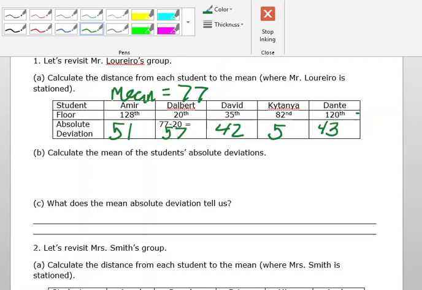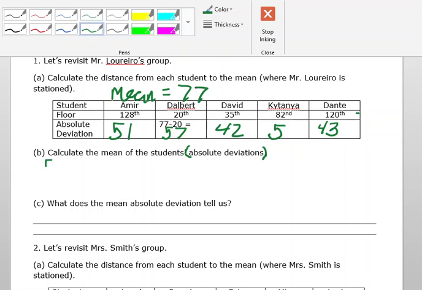Now I want to review this term. When we say absolute deviation, what we mean is the absolute value of the distance from the mean. It doesn't matter if you're below 77 or above 77, you're still going to have the absolute value, which is going to be positive. Now I'm going to find the mean of these absolute deviations.